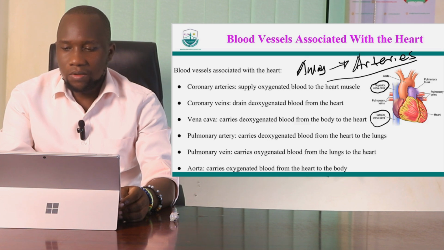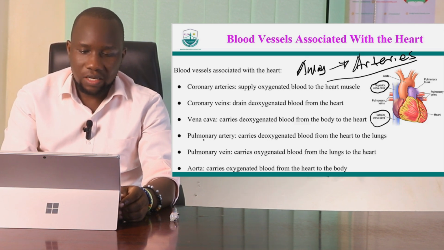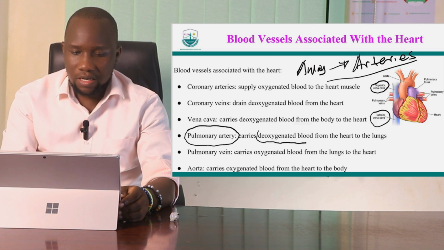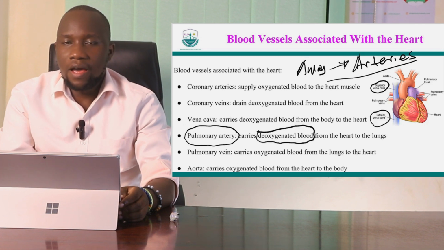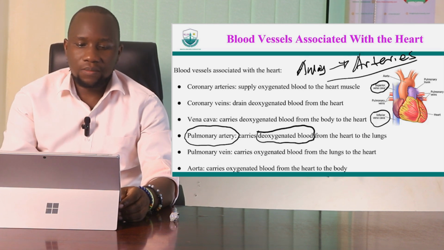So we say that arteries carry oxygenated blood, apart from one artery that is actually unique, which is the pulmonary artery. For it carries deoxygenated blood from the heart to the lungs. And we shall look at why this really happens.